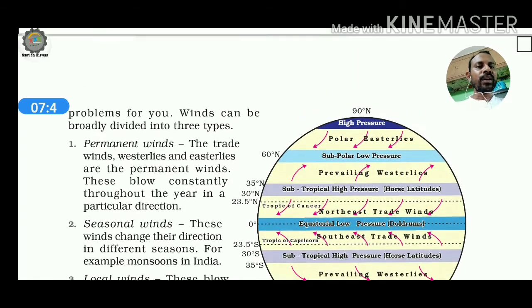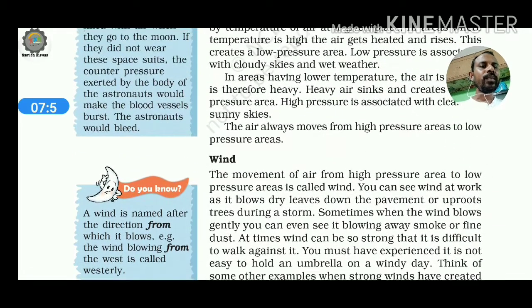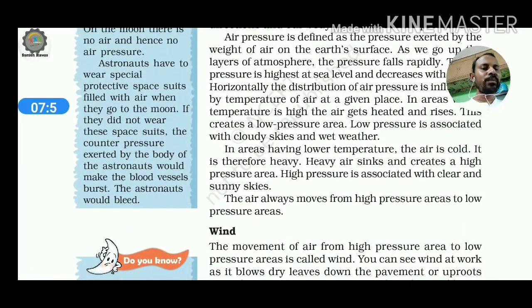So next, we are going to discuss the next portion. Areas having lower temperature, there the air is cold, therefore heavy air sinks and creates a high pressure area. High pressure is associated with clear and sunny skies.